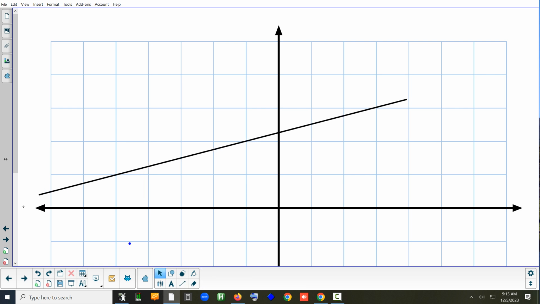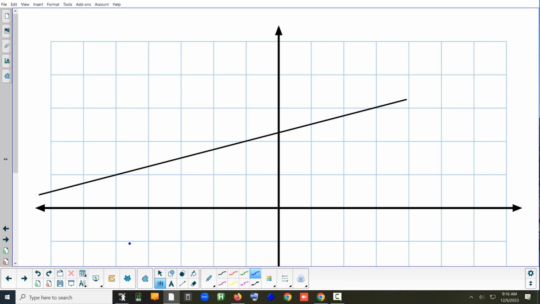Well, to find the steepness of it, I have to find 2 points that are exactly on the line where the grid crosses. Kind of like we did for the dance problem and the banquet and the table problem. So try to find 2 points that are exactly on a nice grid intersection. Does anybody see a point that it looks like the line goes right through? Yeah, could you tell me what the coordinate is of it?